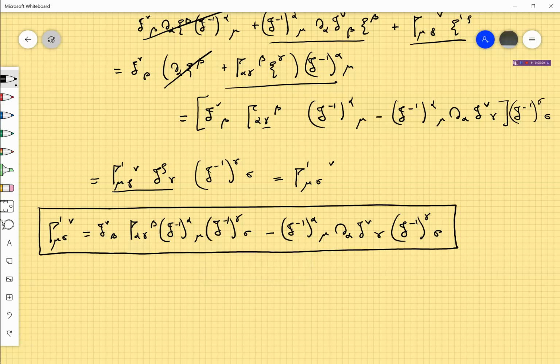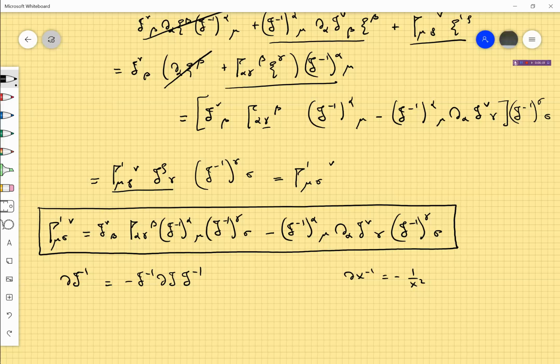There is a small simplification that you can do in this formula using this property. If I take the partial derivative, the indices do not matter here, of j minus 1, this is just minus j minus 1 dj j minus 1 in this order. These are matrices, they do not commute, so the standard thing that partial x minus 1 is minus 1 over x squared is not possible here. I cannot put these two j minus 1s in the first place.